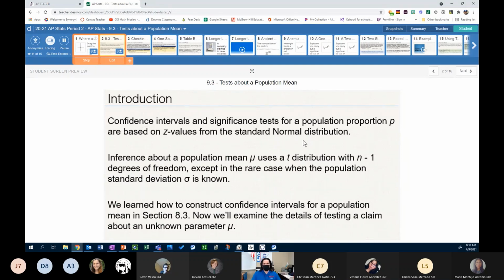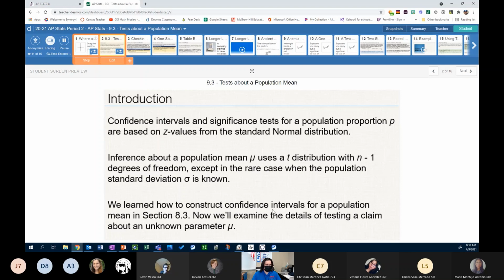This is the previous lesson. We use the Z statistic, Table A, the standard normal distribution. Inference about a population mean mu uses a T distribution. That means we're using Table B with n-1 degrees of freedom, except in the rare case when the population standard deviation, sigma, is known, which typically we're not going to get.